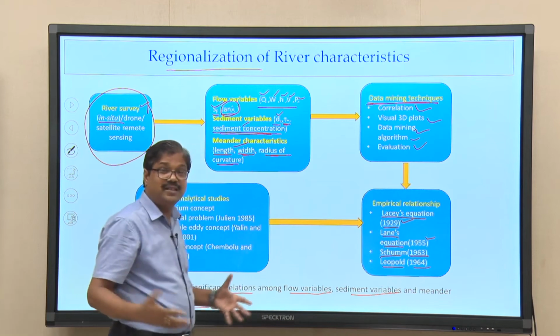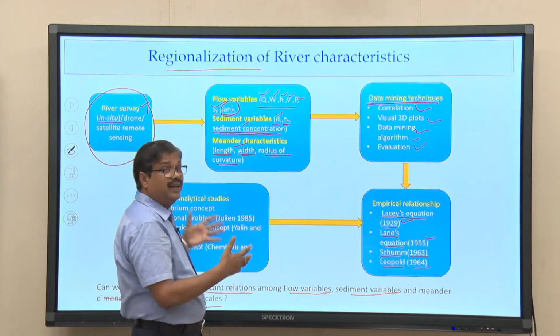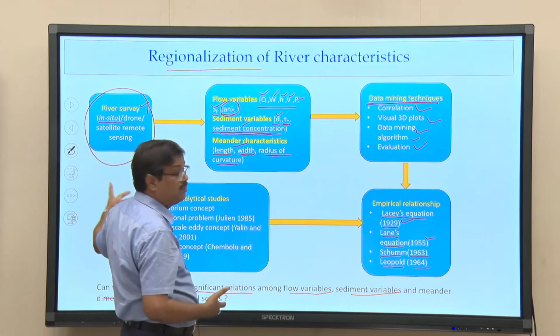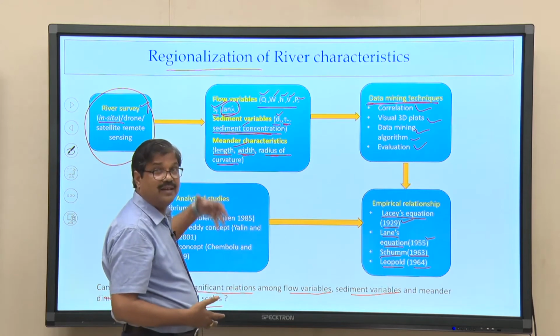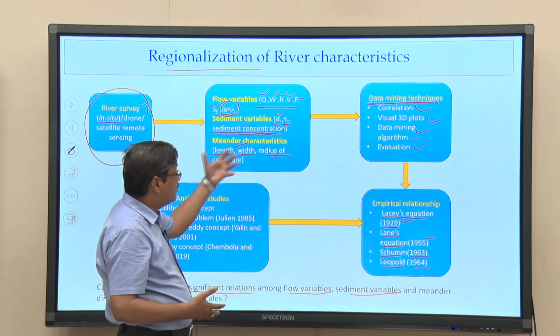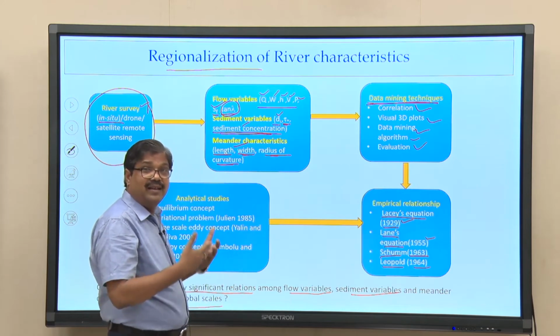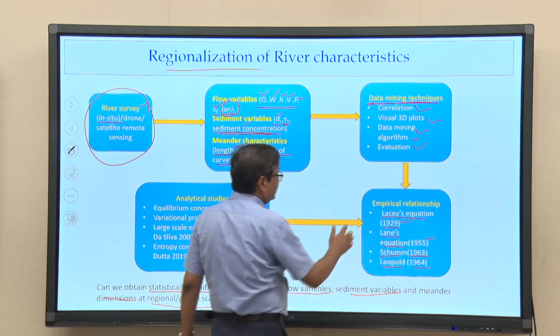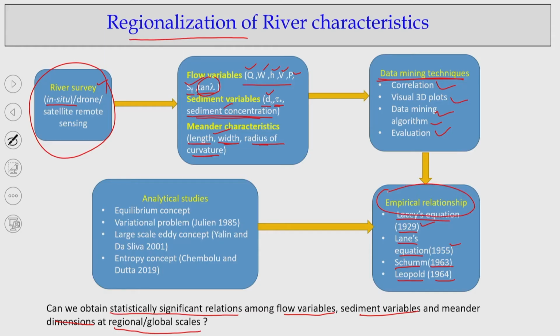These are the relationships we got after doing data mining of a huge amount of data collected from the river level, at the reach levels, at different parts of the world, and we try to integrate it either at the regional scale or the global scale, to see whether we can establish empirical relationships between dependent variables and independent variables of river systems.